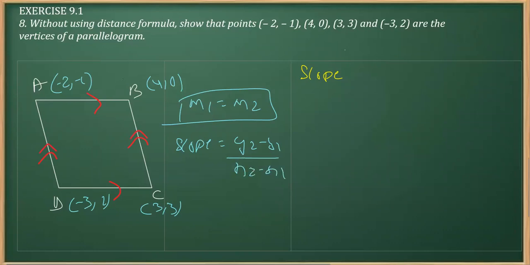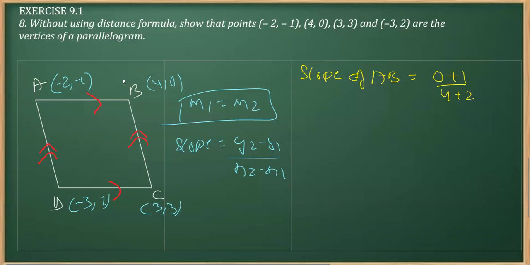First, I'm getting the slope of AB. Using this formula, y2 minus y1, that is 0 minus minus 1, which is 1, and x2 minus x1, that is 4 minus minus 2, which is 6.